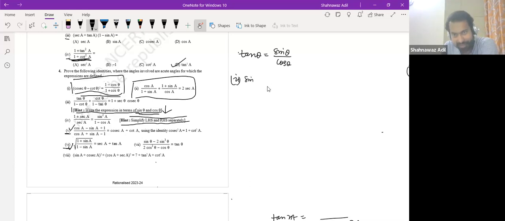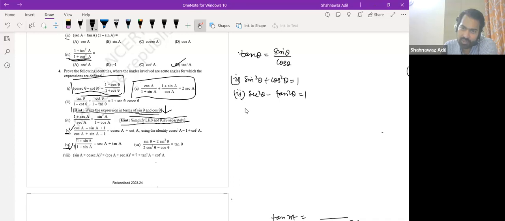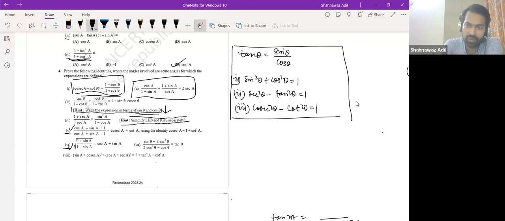Then sec square theta minus tan square theta is equal to 1. And the last one, cosec square theta minus cot square theta is equal to 1. So these are the things that we have to remember, right? And then all the other things are reciprocals of these things.